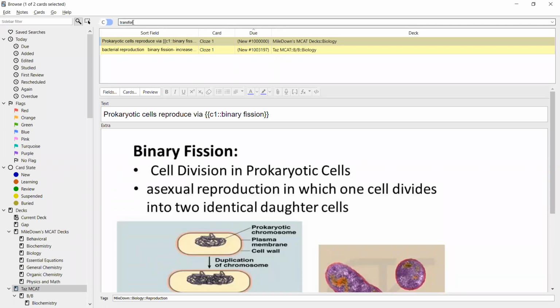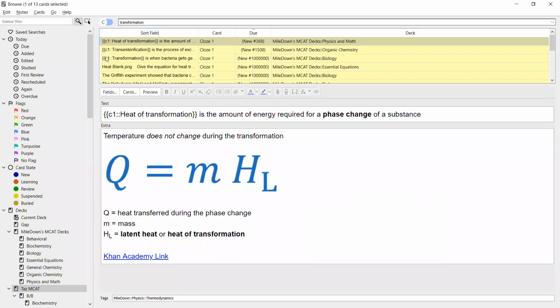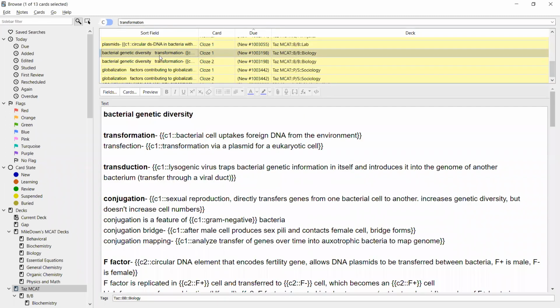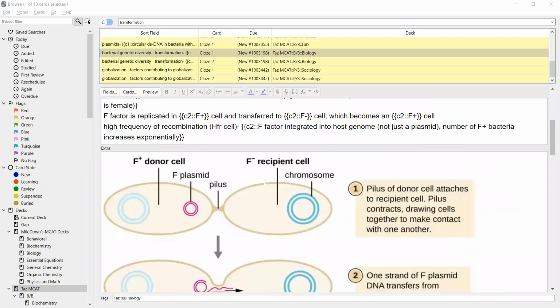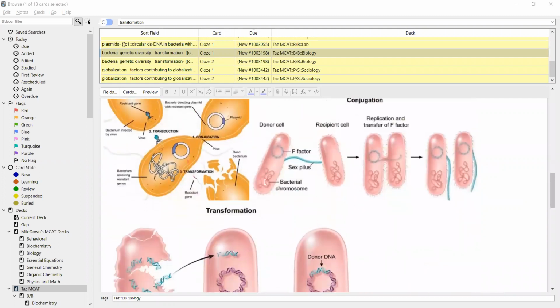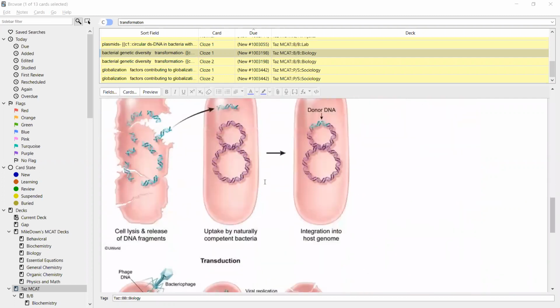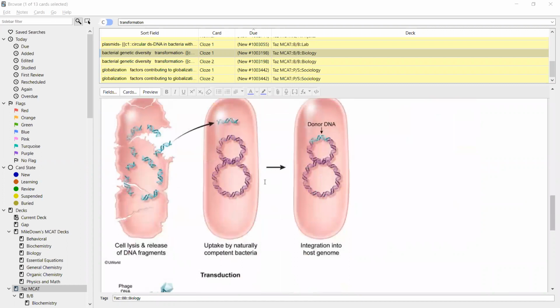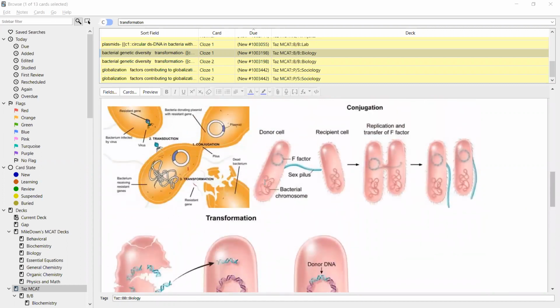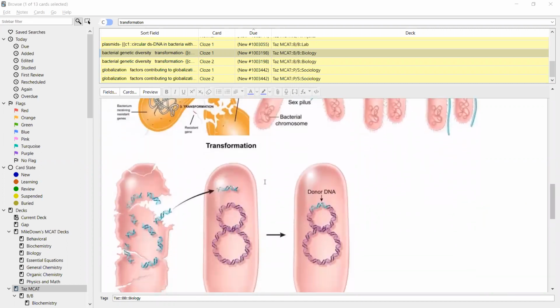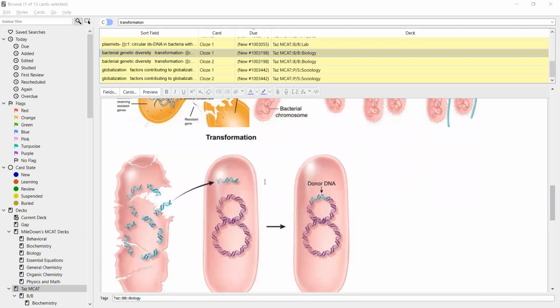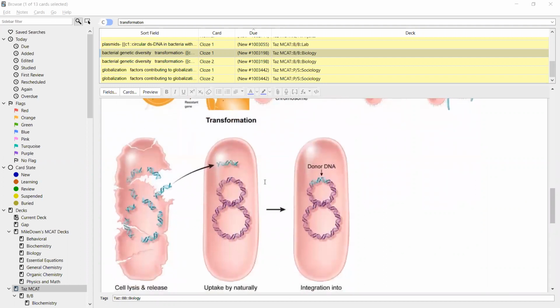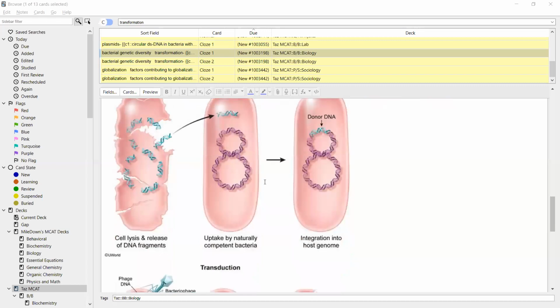Transformation. Yes. So the ways that bacteria can get genetic diversity, right? We saw that they just do binary fission. So they just duplicate their chromosomes and then they make new ones, right? So how can they get genetic diversity?